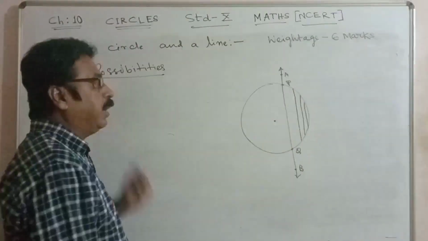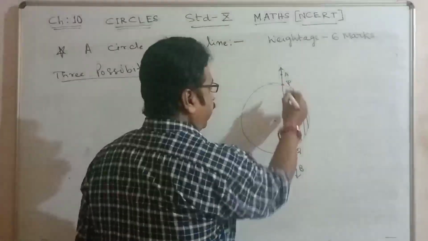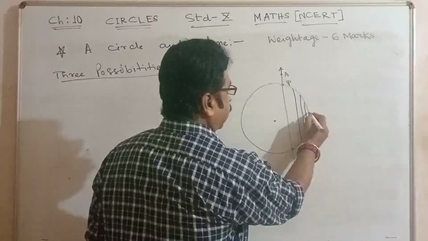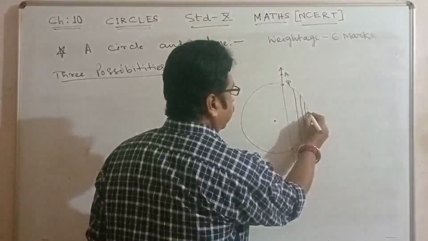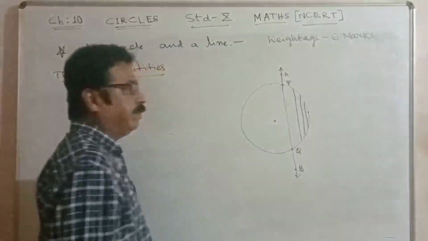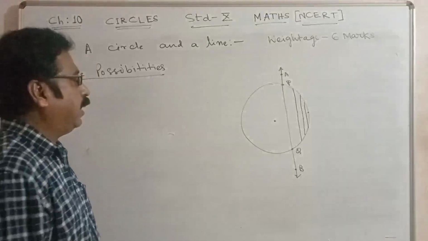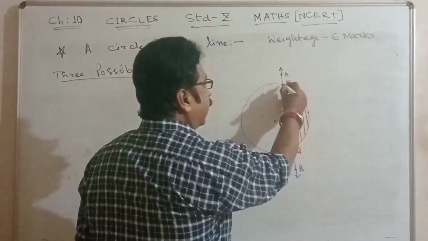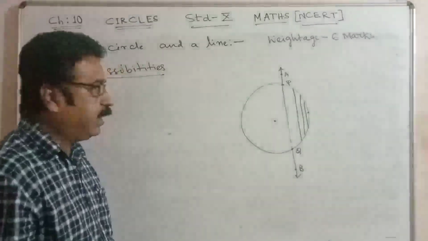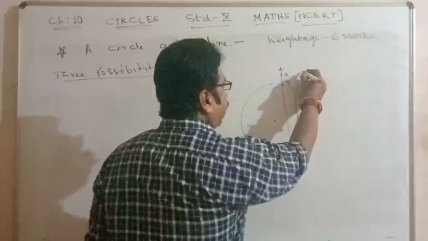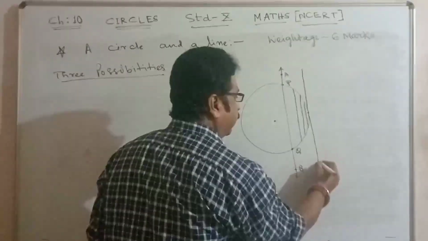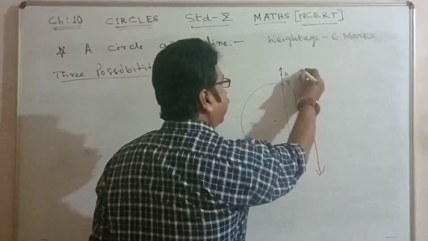One situation will arise when the points P and Q will be the same point, superimpose each other or coincide each other. When P and Q coincide each other, then we will get a tangent.